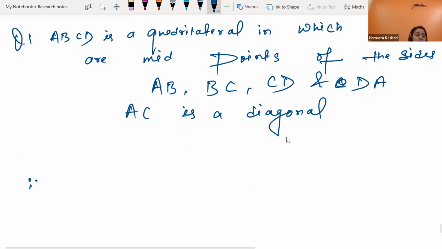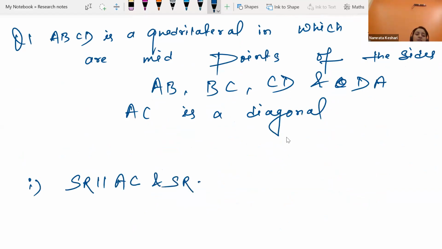Part 1: SR is parallel to AC, that's what we have to prove, and SR is half of AC.